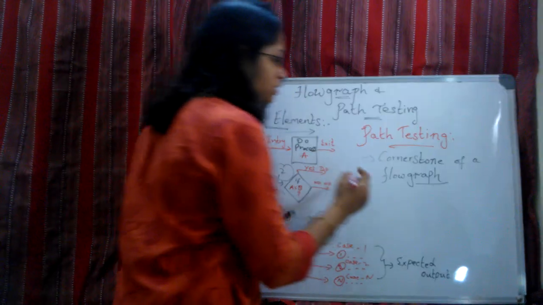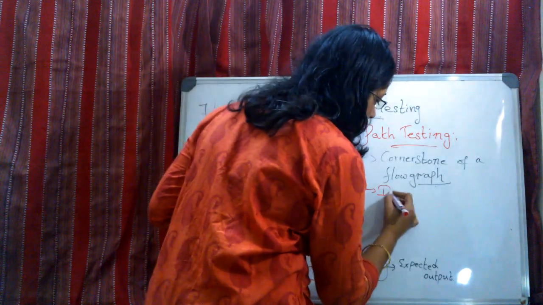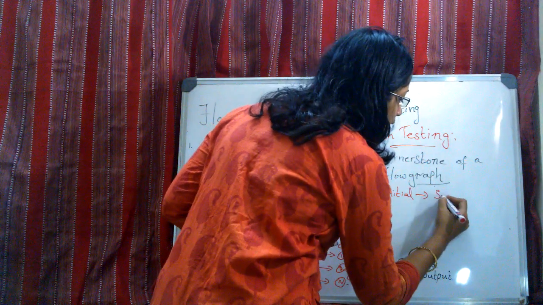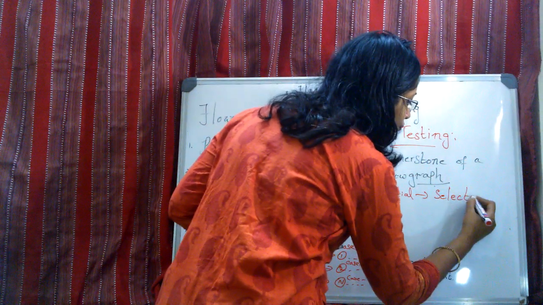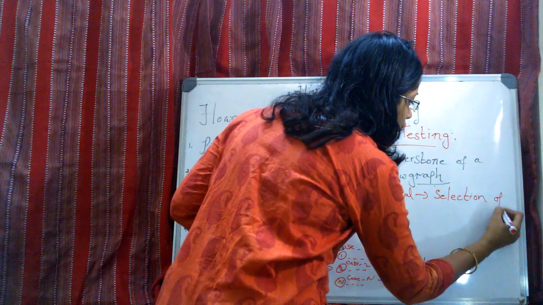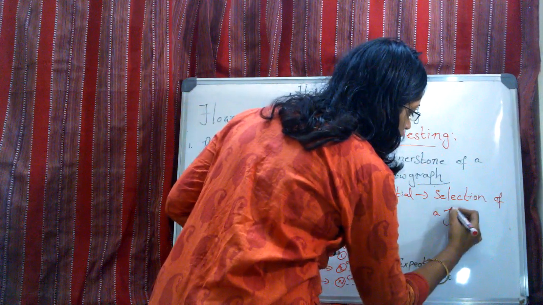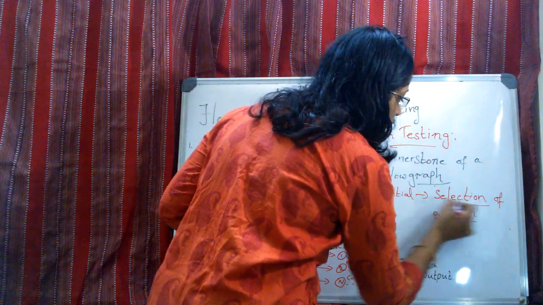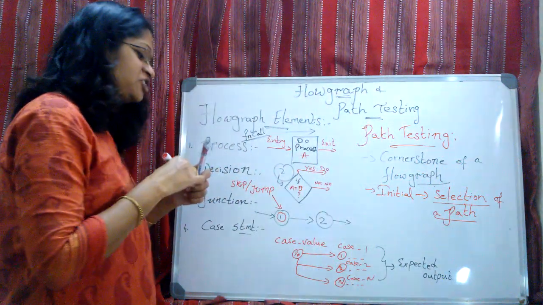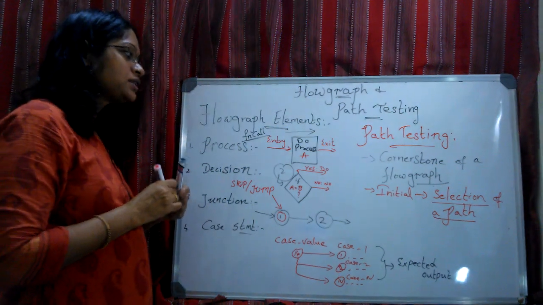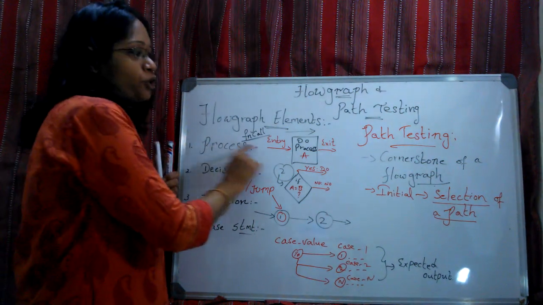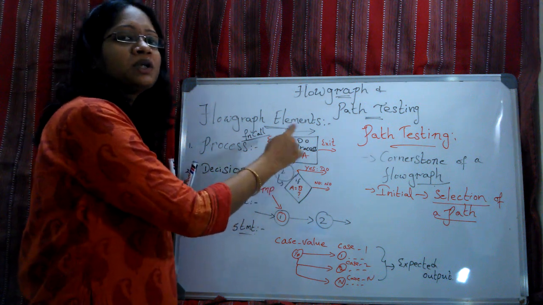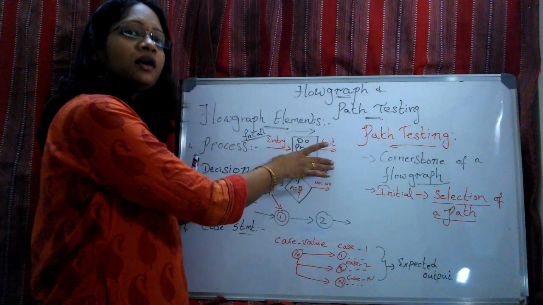Here the major, very important and initial basic concept is that selection of your path is very important. Why is selection important? If you select process, you will have so many operations, one by one they must be completed, and it may get delayed.